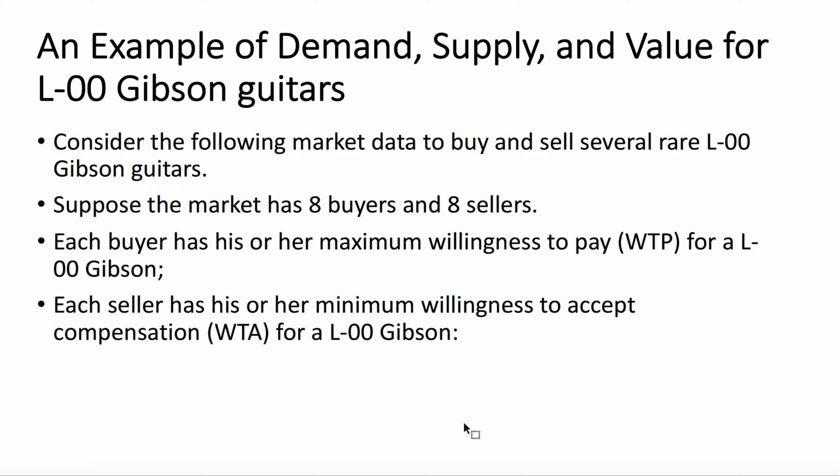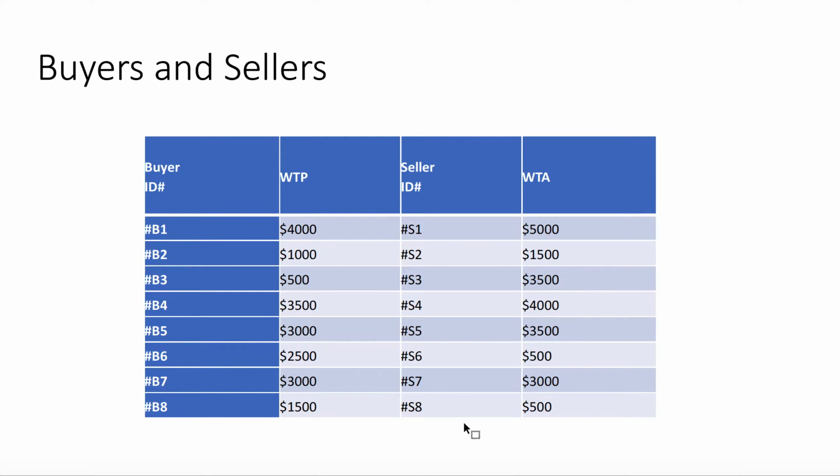These Gibson L00s. Suppose this market has 8 buyers and 8 sellers. We make it symmetric to make it easy. Each buyer has a maximum willingness to pay for one of these guitars, and each seller has a minimum willingness to accept to sell their guitar. Here are the buyer IDs and their maximum willingness to pay, B1 through 8, and the seller IDs and their minimum willingness to accept.